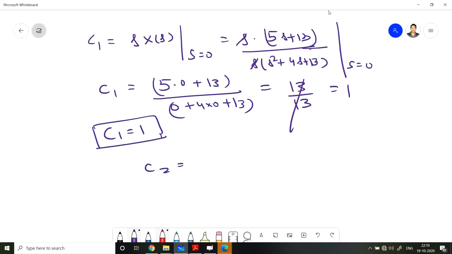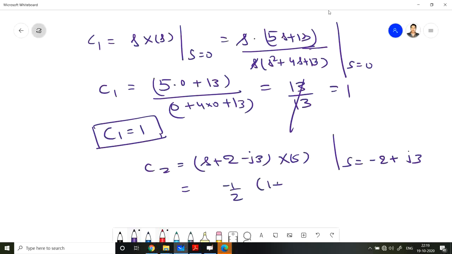Now we can find c2. c2 is (s + 2 - j3) multiplied by X(s) at s = -2 + j3, and the solution is -1/2 (1 + j).